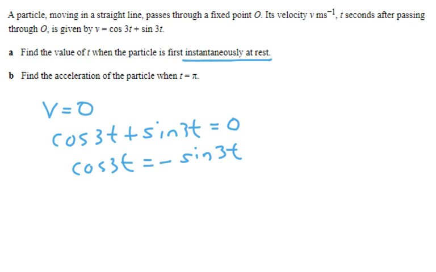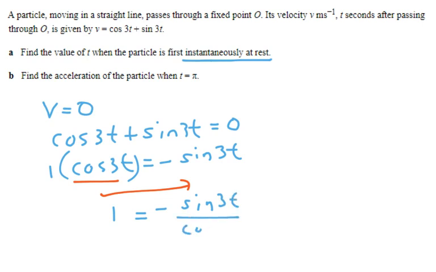Okay, so to solve this, you have to make sine and cosine become tangent. To do this, move this cosine of 3t to the other side. Moving this to the other side, it will become division. So hence, here you're left with 1 equals negative sine of 3t divided by cosine of 3t.